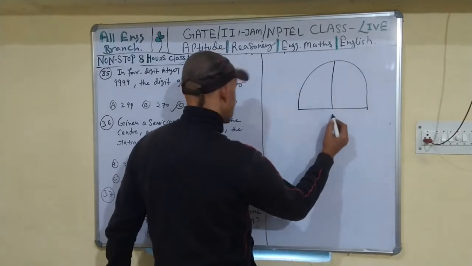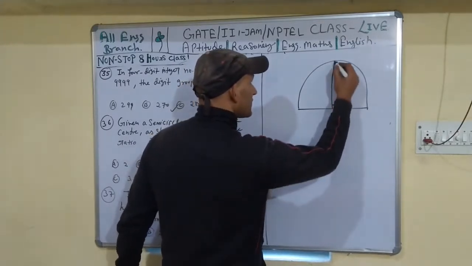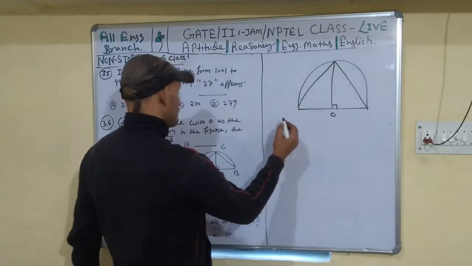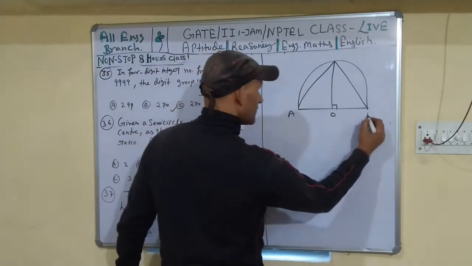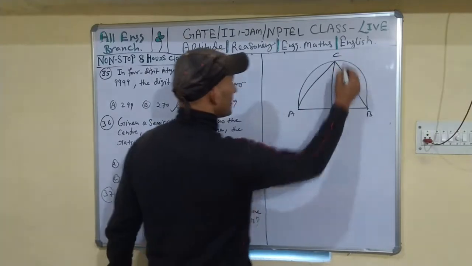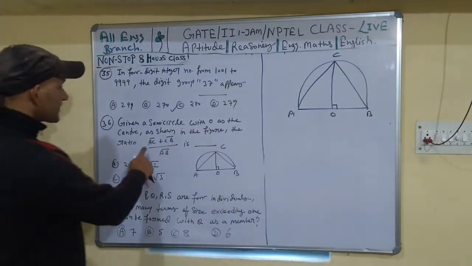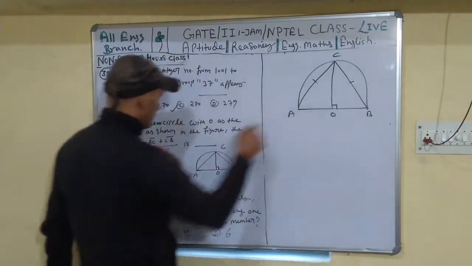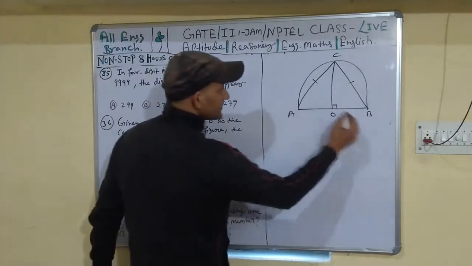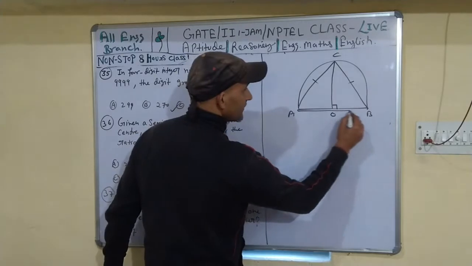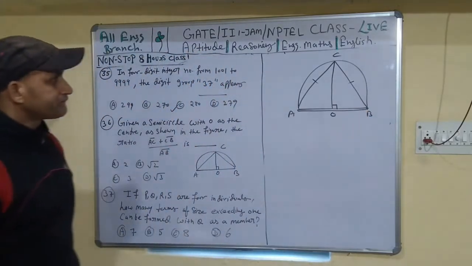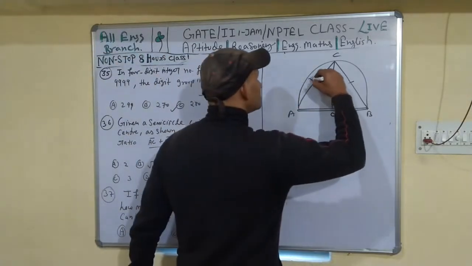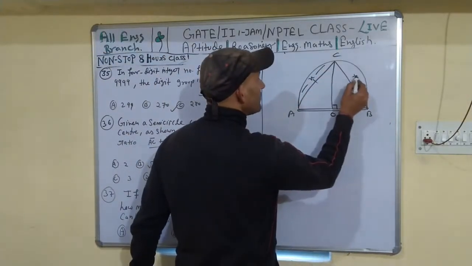So this is O, and this is your chord, and let this be C. He is asking AC, which means this, and CB, which means this, and AB, which means this. The ratio of these: if this is x, then this will definitely also be x.